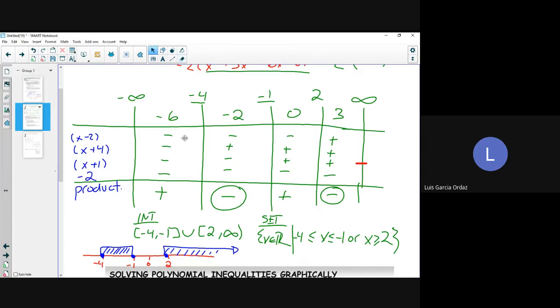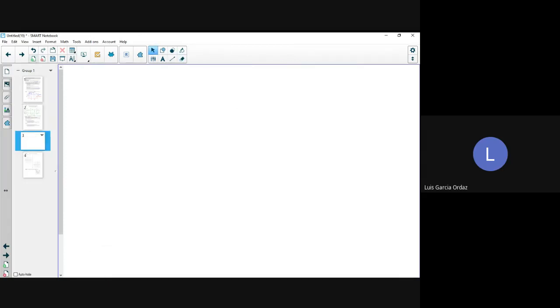I'm just going to add a new page. So now we want to take a look at the polynomial inequality of 3x cubed plus 24x squared greater than or equal to negative 48x.